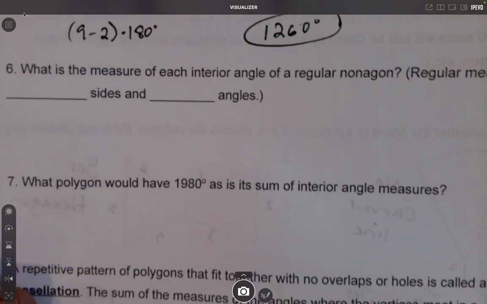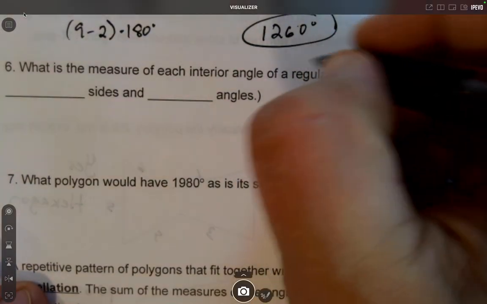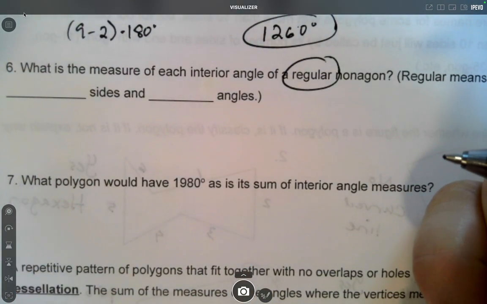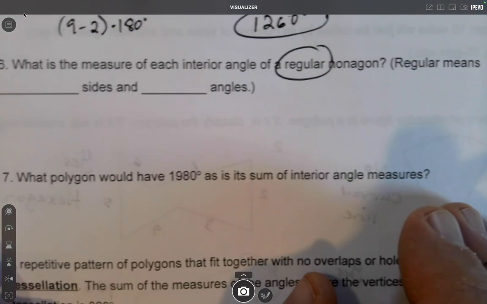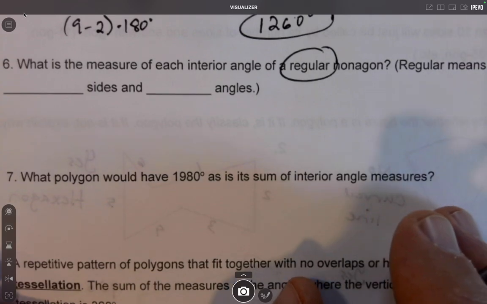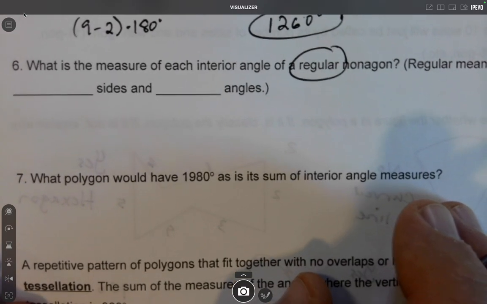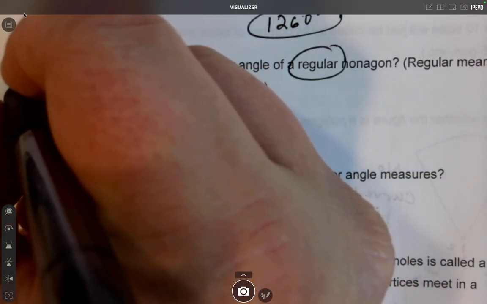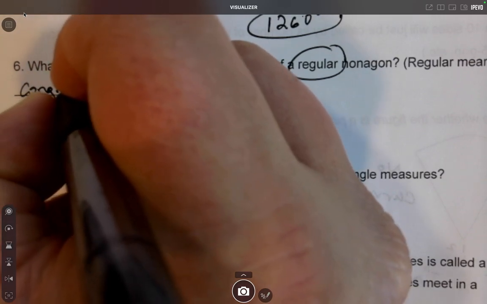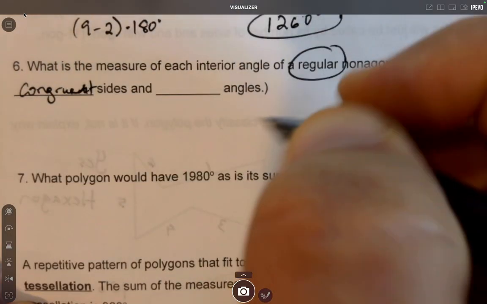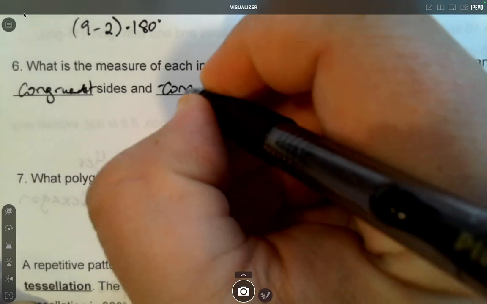Number six: what is the measure of each interior angle of a regular nonagon? So it is important to understand what the word regular means. As far as polygons and shapes are concerned, regular means it has equal or congruent sides and congruent angles.